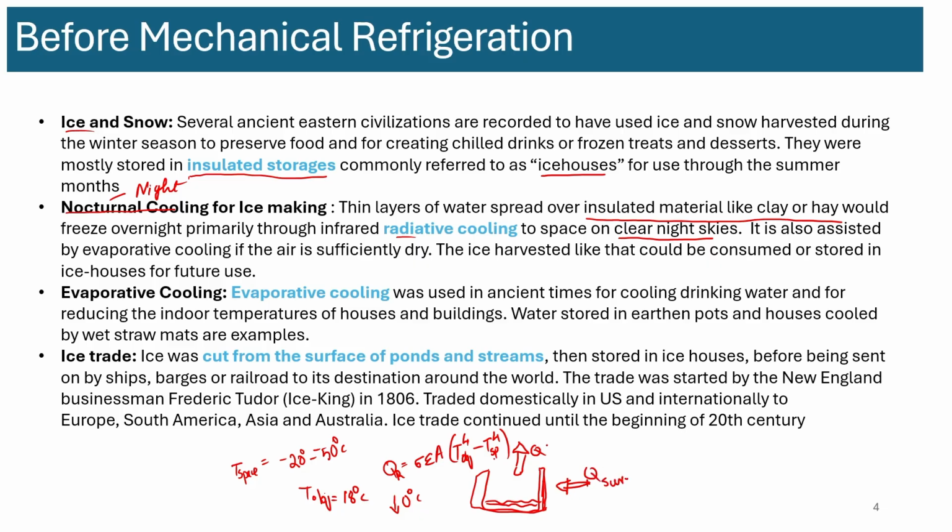So the Q to space dominates, and you're able to drop the temperature below 0 degrees C, freeze the water and create ice. If you use, say, metal vessels, you will not achieve that rate of cooling. And you want a very thin layer of water, roughly 3 centimeters or less.